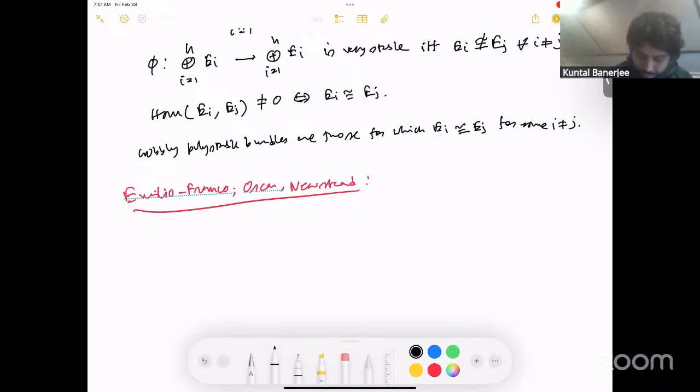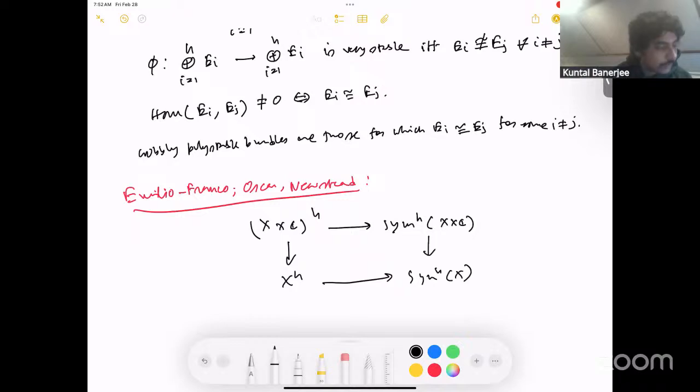Okay, so this actually gives us a very nice commutative diagram where the actions of S_H, the symmetric group of H symbols, work very nicely.